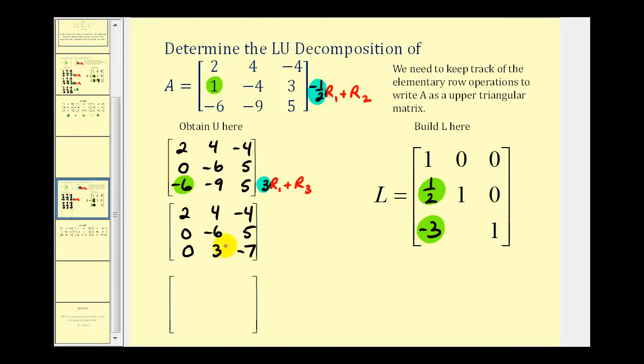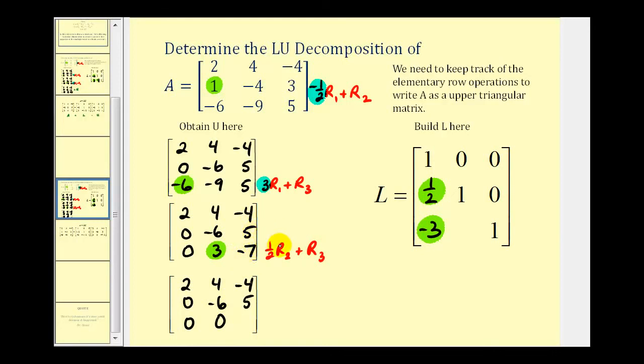And then for the last step, to obtain a 0 here, we'll need to add half of row 2 to row 3. First two rows stay the same. So 1/2 of 0 plus 0 is 0. 1/2 of negative 6 is negative 3 plus positive 3, that's 0.